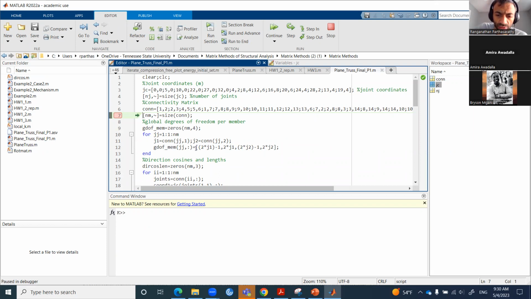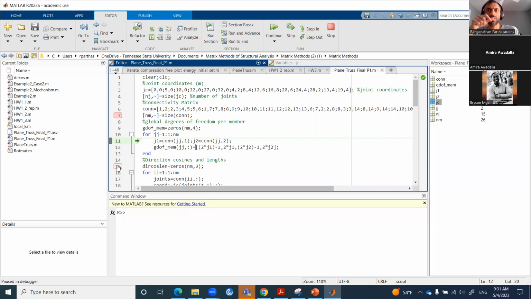Now we are going to run the same. So the degrees of freedom we will give in the same way. So for member number 1, we will have 1, 2, 3, 4, right?